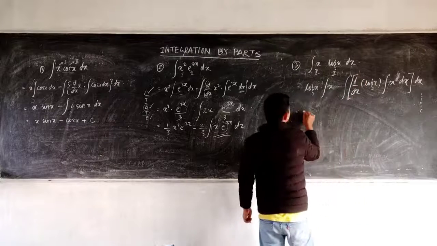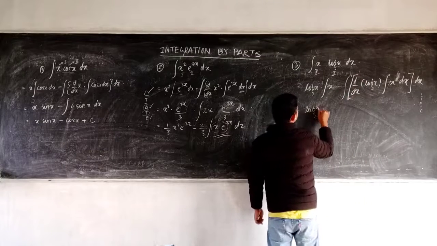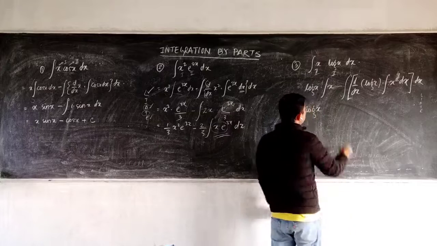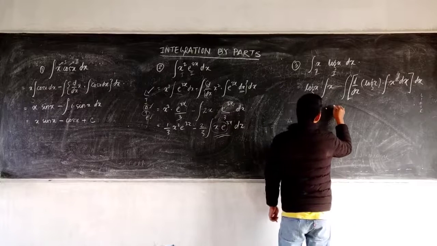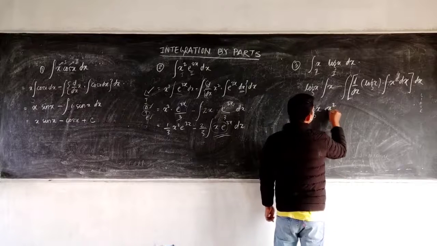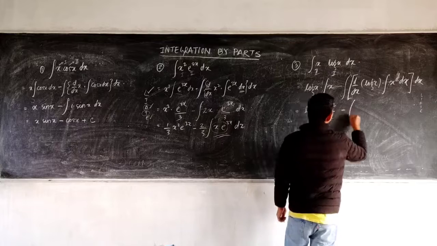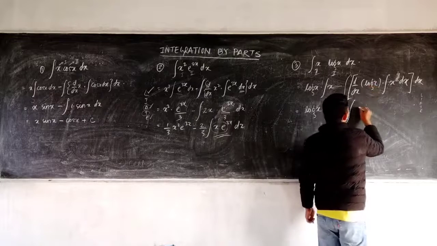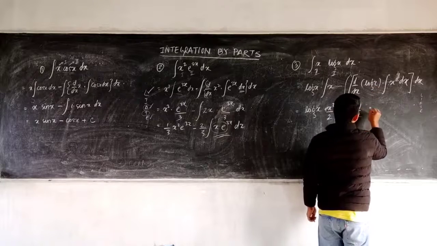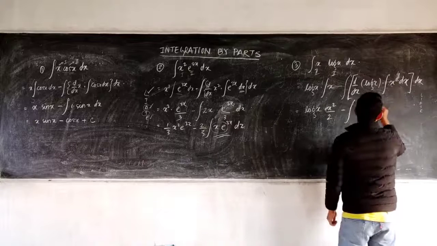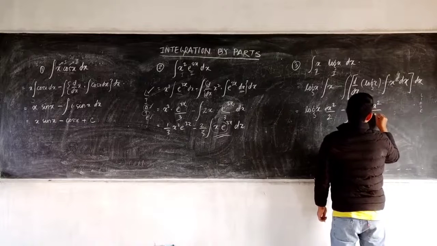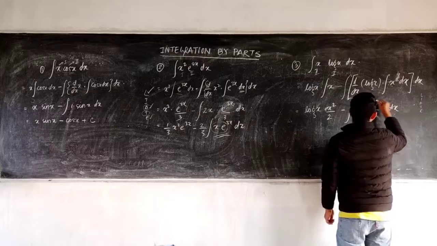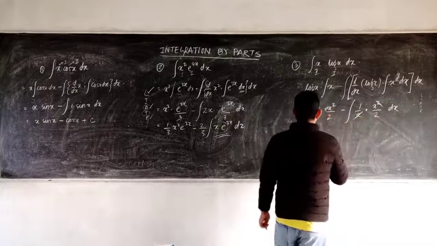So this will simply be equal to log of x. Now what is the integration of x? It is x square divided by 2, minus the integration of the derivative of log x, which is 1 by x, into the integration of x, which is again x square divided by 2, dx. So x square and x get cancelled.